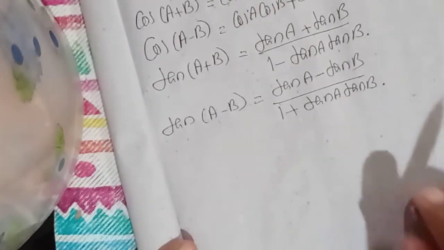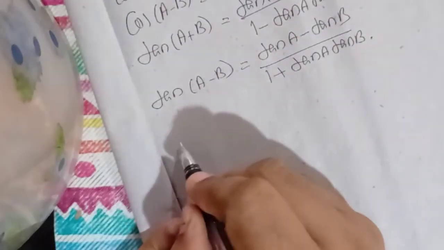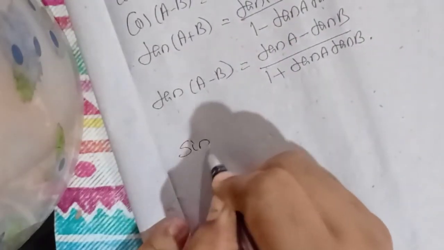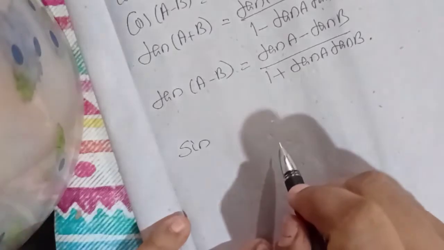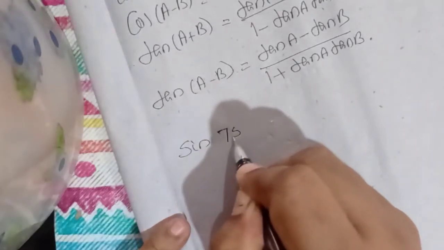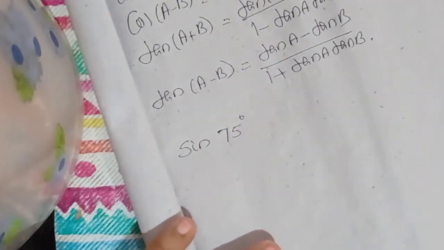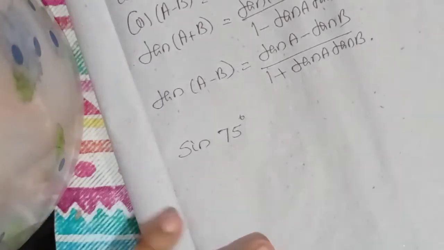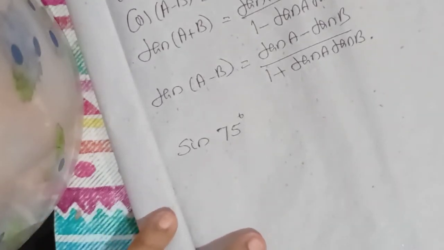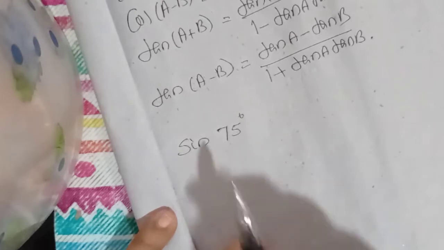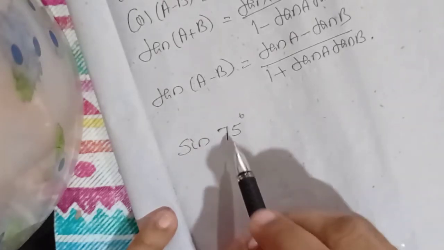Question. Write the question. Find sin 75 degree using this formula. Here we apply the compound angle formula.